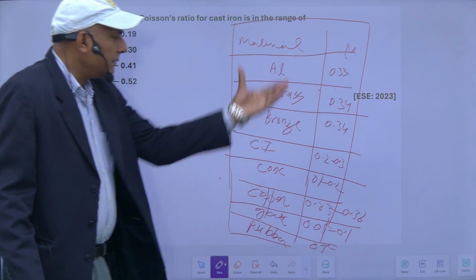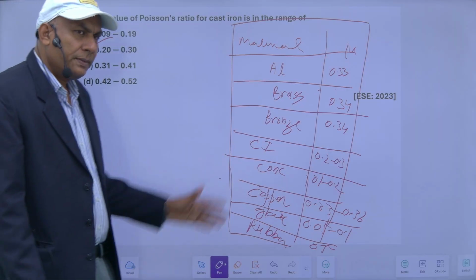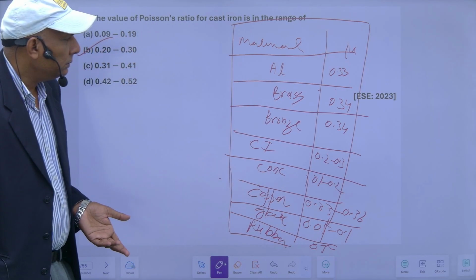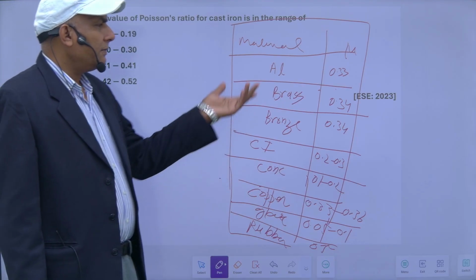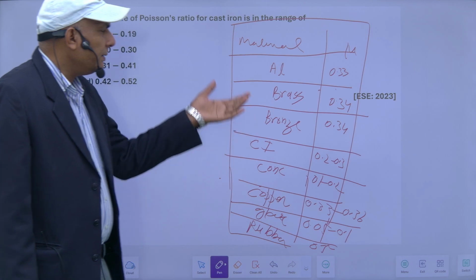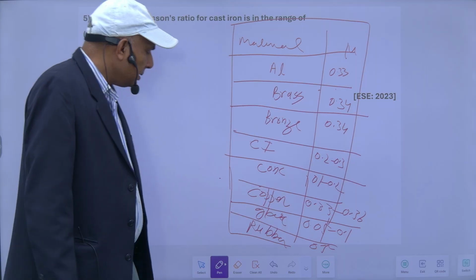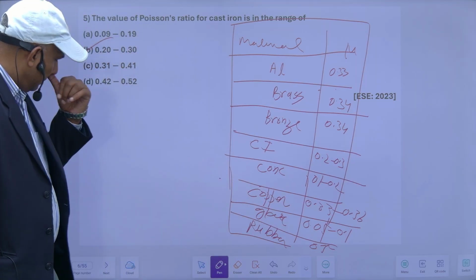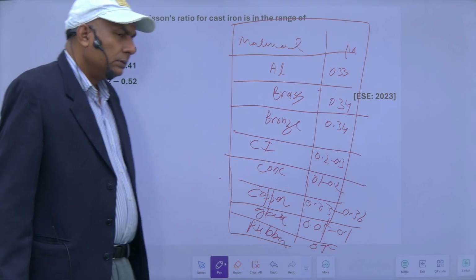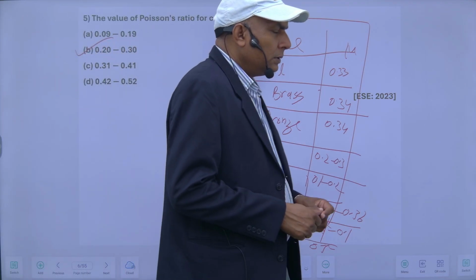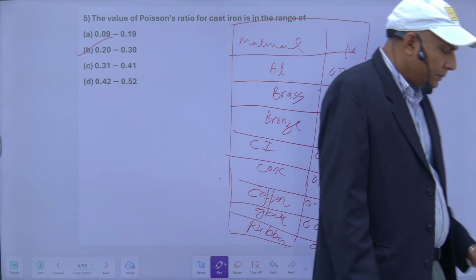So these are the values of the Poisson ratio for various materials. We have to revise and recall them for the main materials. Frequently brass, bronze, cast iron and copper may be asked in the exam. So it should be in the tips.